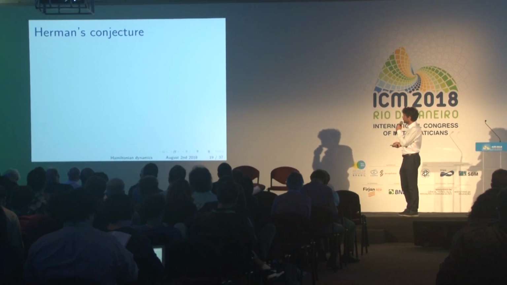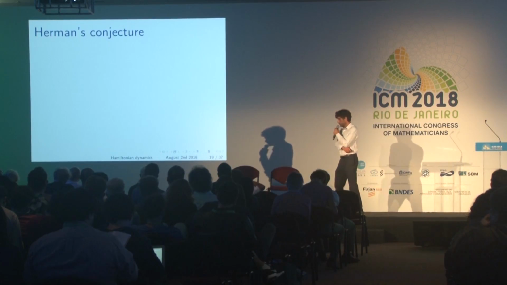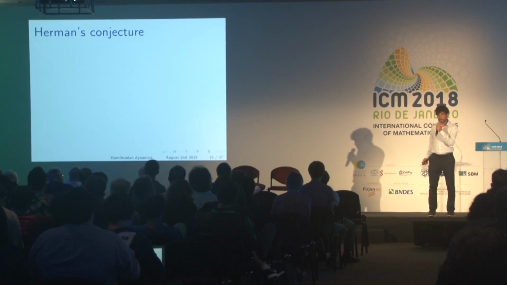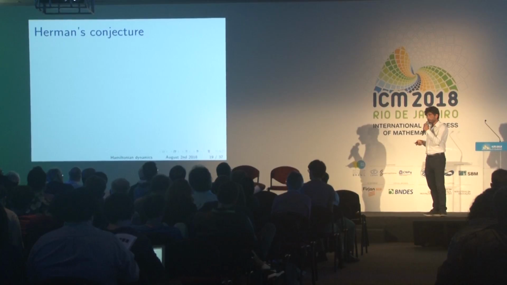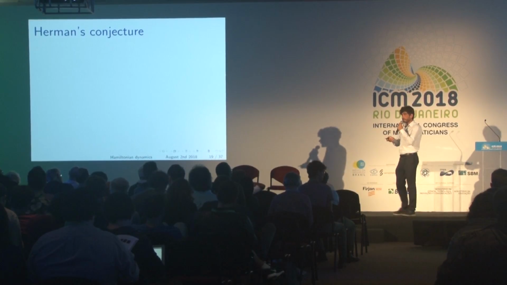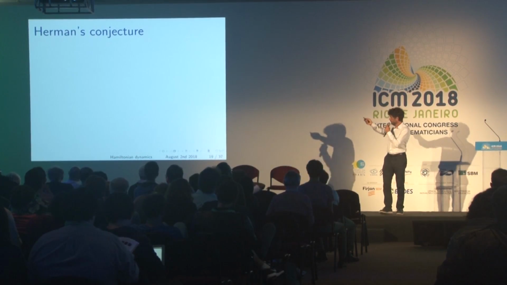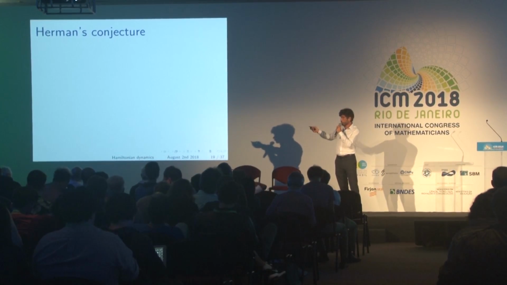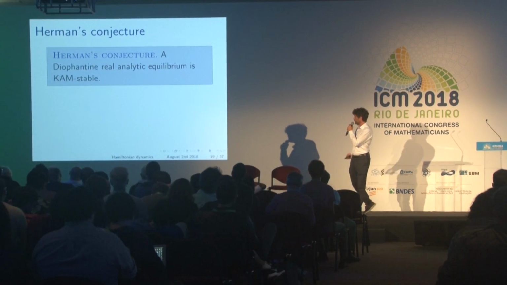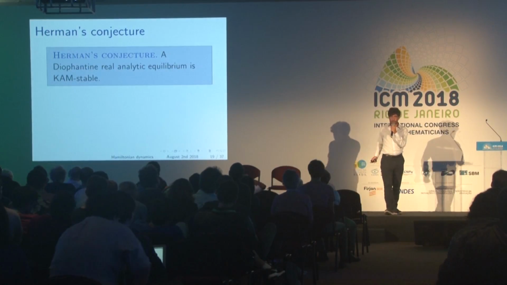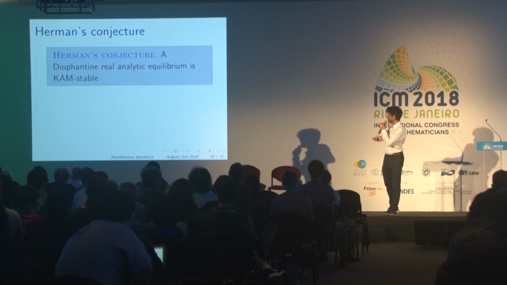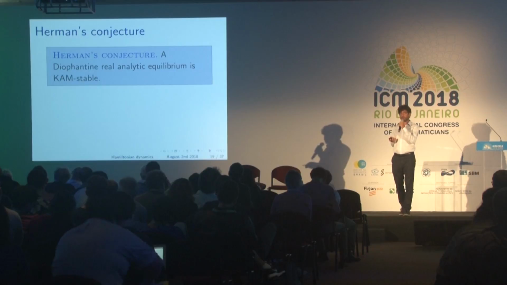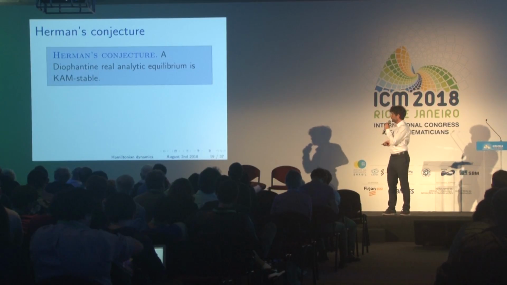Now, let me come back to the KAM stability. Here again, the line of thought that says analytic implies stable appears here and shows you really how analytic is different from smooth. We have Herman's conjecture that says that if the Hamiltonian is analytic, then as soon as you have just an arithmetic condition on the frequency vector, you have KAM stability.